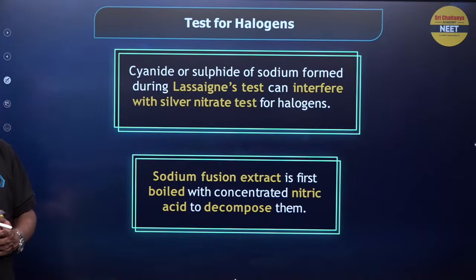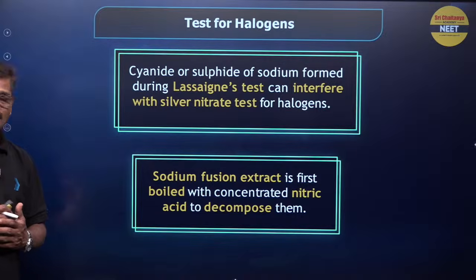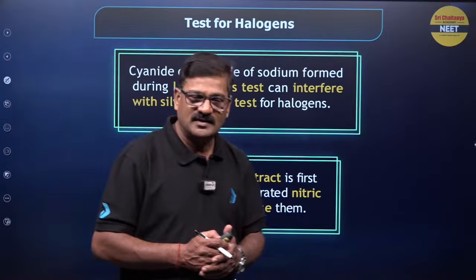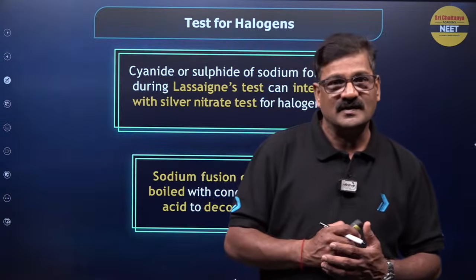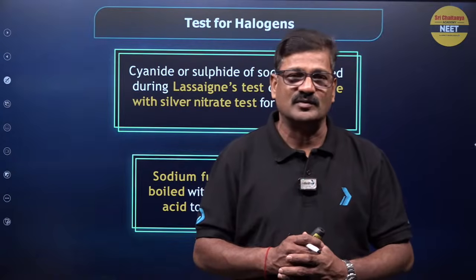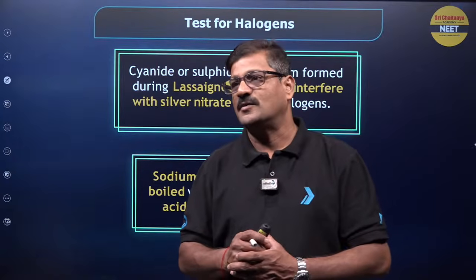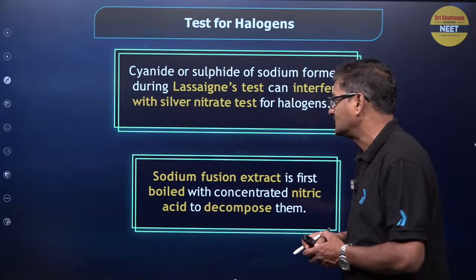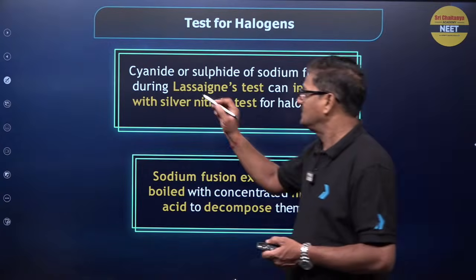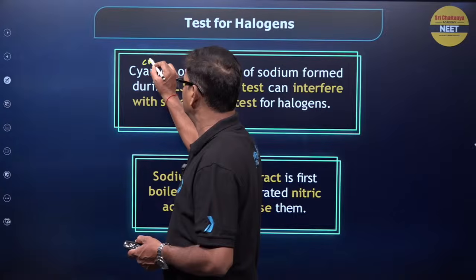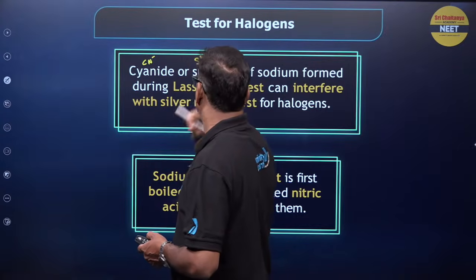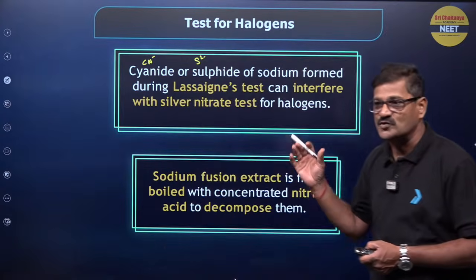Let us go with the detection of halogens. When you detect halogens, you add silver nitrate. But this silver nitrate reacts not only with halogens but also interferes with cyanide, CN minus, and sulfide, S2 minus, of the sodium fusion extract.